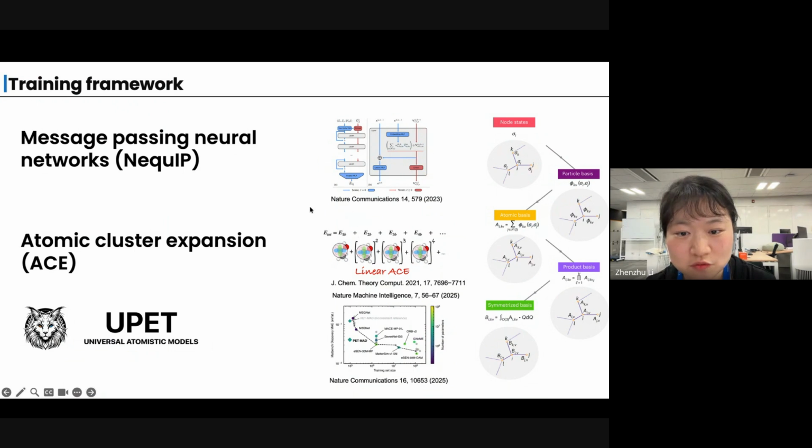Both of these are graph-based. And then UPET, I think they changed their name, initially PET-MAD, is based on transformers. For graph-based models, one limitation is that long-distance interaction cannot be well captured. But for transformers, because of global attention, they can capture longer interactions.